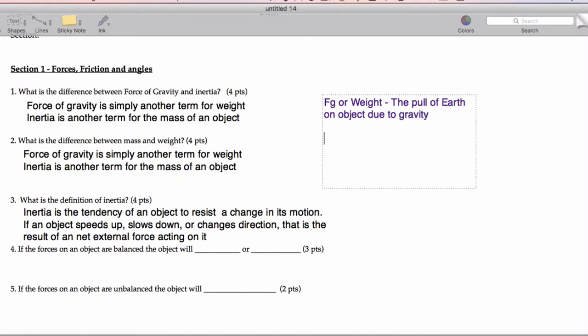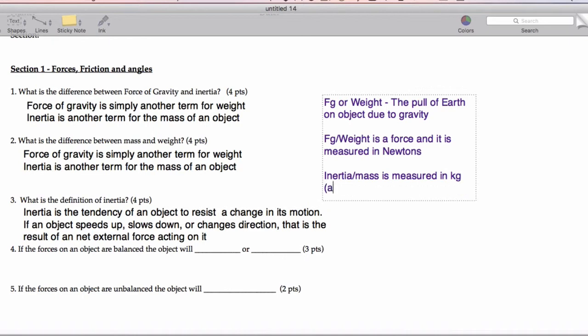And I'm going to say 2 more things. Fg, or weight, is a force, and it is measured in newtons. And inertia, or mass, is measured in kilograms. And to be clear, it is not a push or a pull, but rather a property of an object.